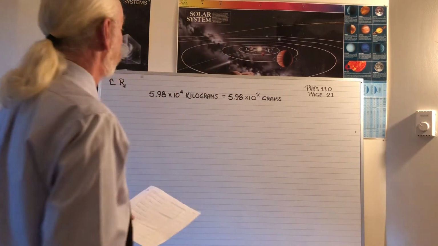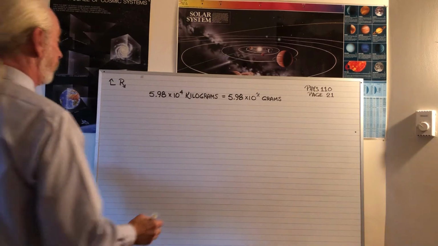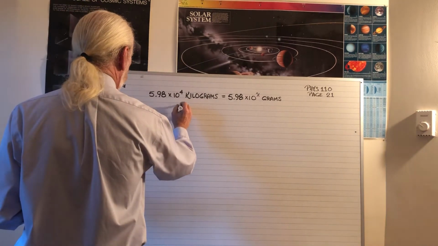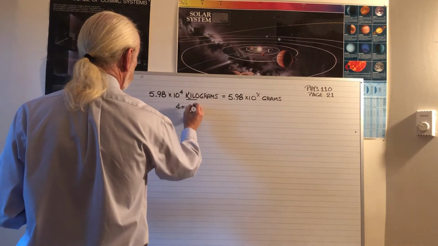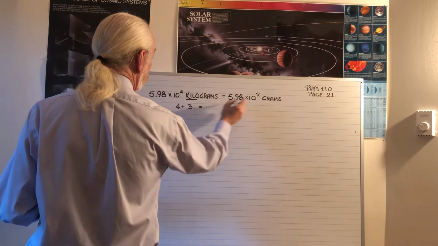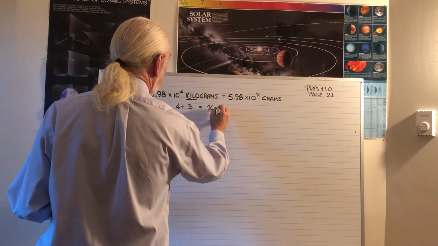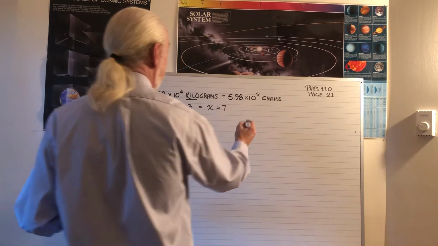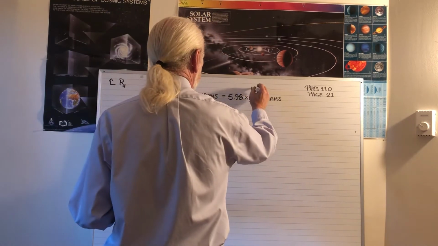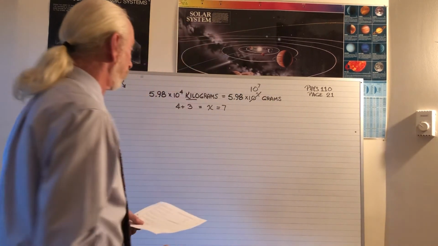All right, so left to right, what I've got here, I got 4 plus 3 equals x, and this is pretty straightforward. That becomes 10 to the 7th, so there's my answer there.